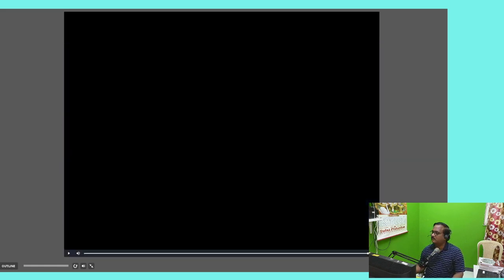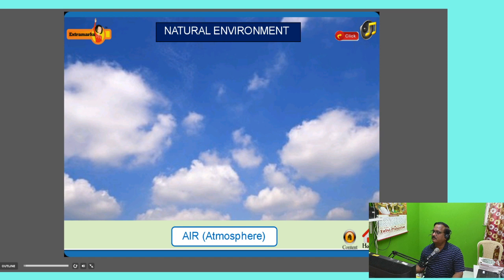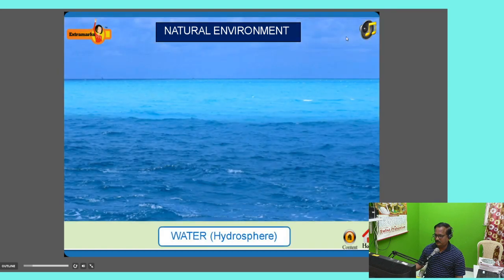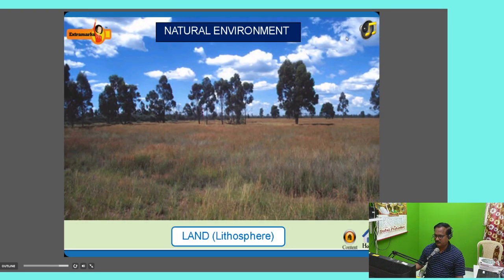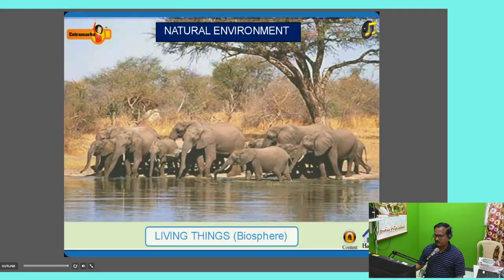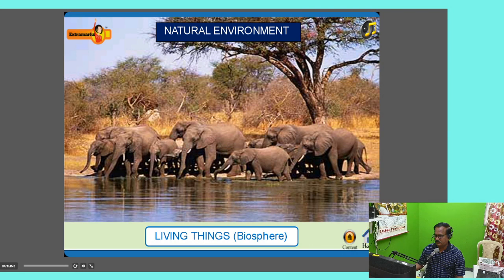Natural environment includes the four spheres, which are air, atmosphere; water, hydrosphere; land, lithosphere; and living things, biosphere.